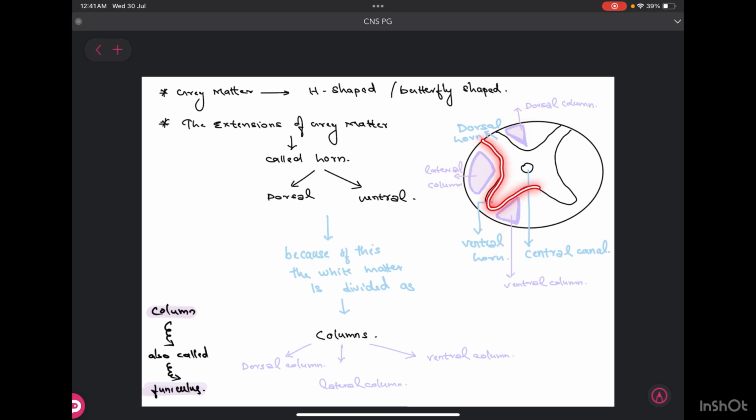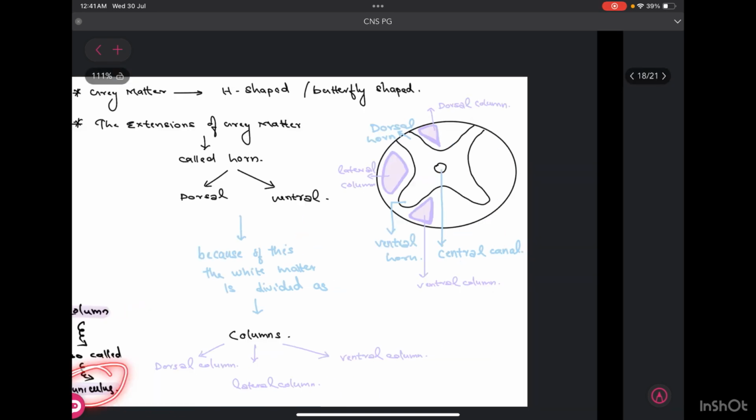This is the butterfly shaped or H-shaped gray matter, which is having 2 horns on either side. This is dorsal horn, this is ventral horn, this is dorsal horn, this is ventral horn, right? And because of these horns, the white matter is divided into 3. This part is called as dorsal column of the white matter, this part is called as the lateral column of white matter, and this part is called as the ventral column of white matter. That much is clear. And the column is also called as funiculus.